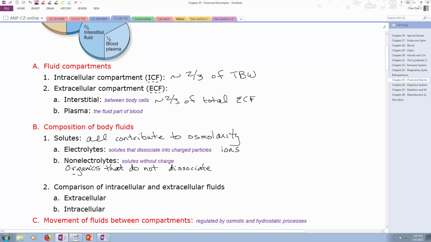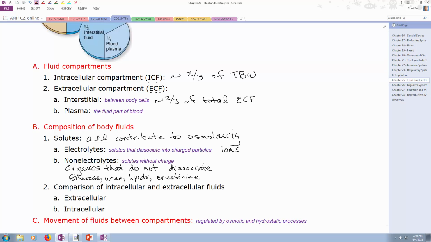And this will be glucose, for example. We'll have urea. We'll have lipids and creatinine. Those are the non-electrolytes we want to realize. And so all of those guys are solutes.